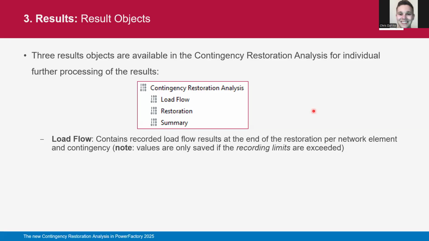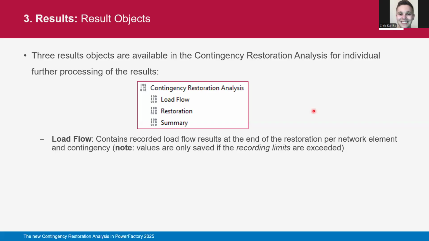There are 3 different result objects that are produced while a contingency restoration analysis is executed, and they contain the calculation results. The load flow result object here really records the load flow results at the end of the restoration for each network element and each contingency. However, it will only record values that exceed recording limits that have been predefined.